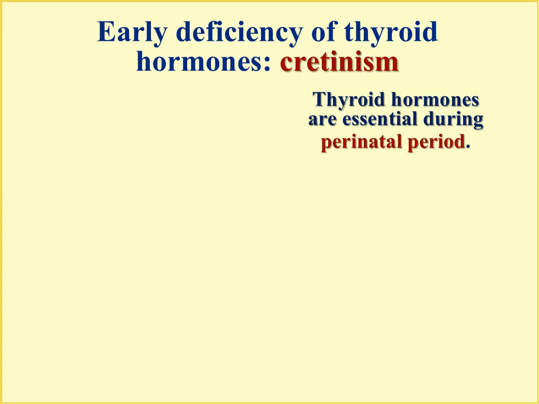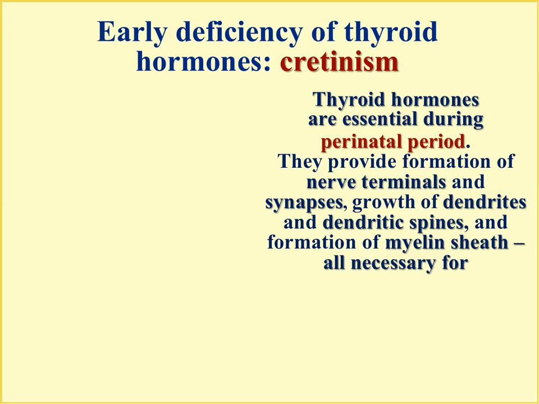And most essential thyroid hormones are during perinatal period. Peri is around, so slightly before birth, last parts of pregnancy, and first months after birth. And exactly during this time, the processes of brain formation go very intensively.